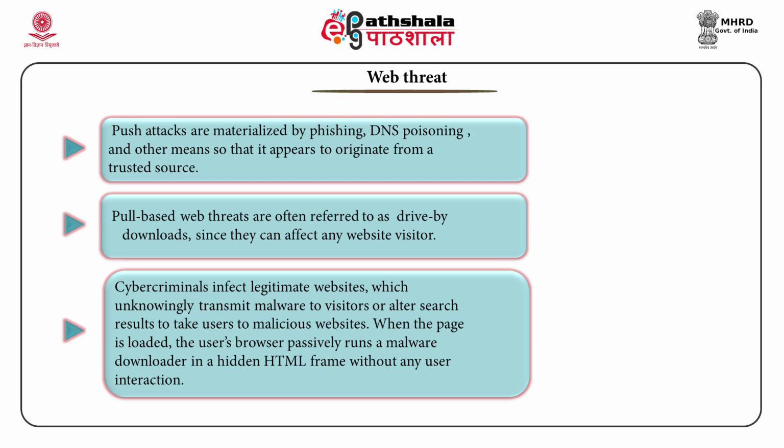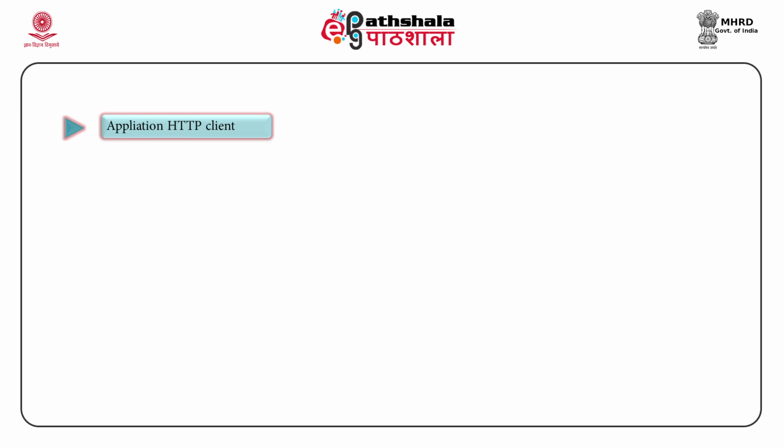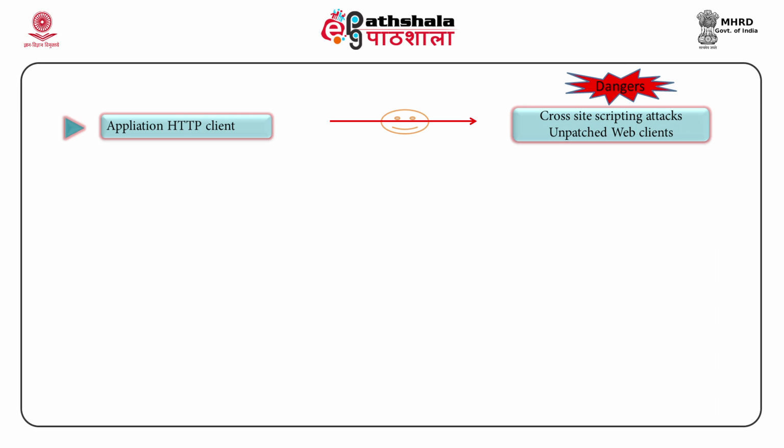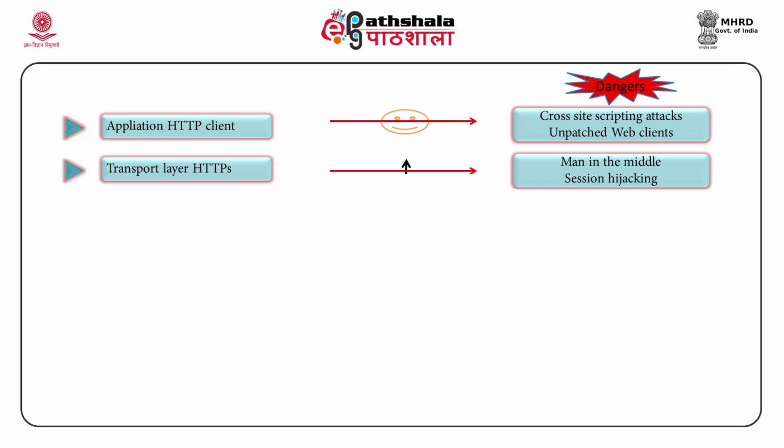At each layer, first we will start with the application HTTP client. What are the dangers there? It's cross-site scripting attacks. All this I will go into in detail, but just to give an overview: application HTTP client has cross-site scripting attacks and unpatched web clients. Transport layer HTTPS has man in the middle and session hijacking dangers.